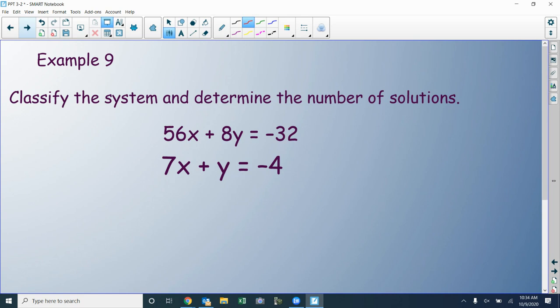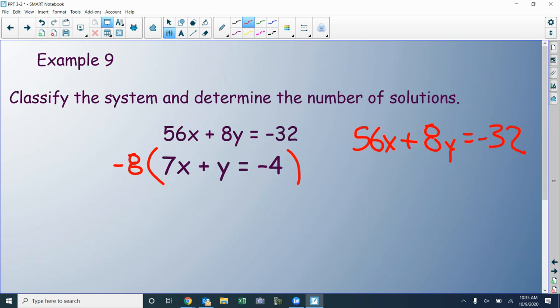All right, I think we can multiply this one by -8. That looks good to everybody? If I go with -8 here, I'm still going to have the top one be the same. -8 here is going to give me -56x minus 8y equals 32.